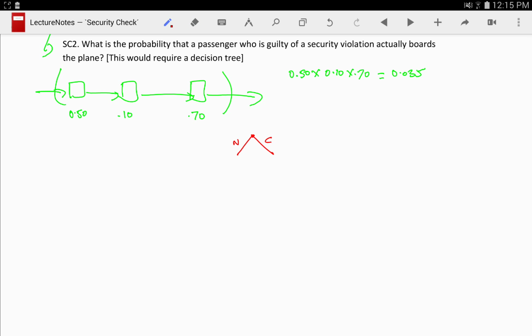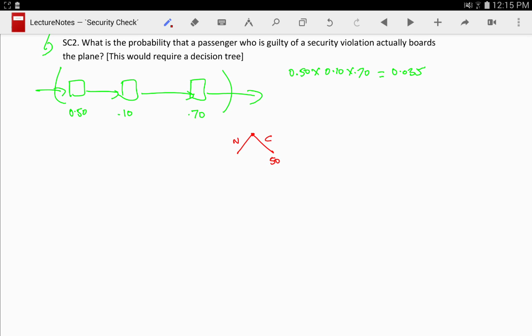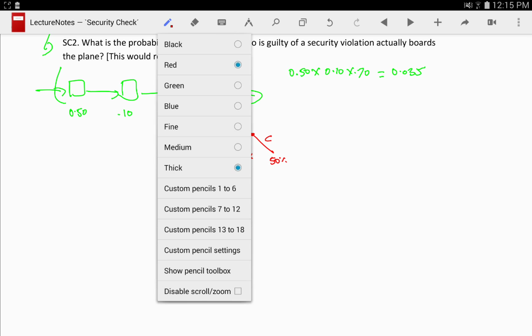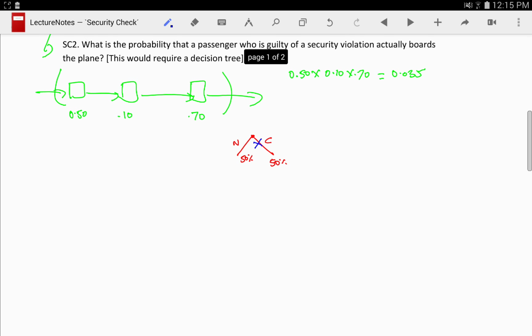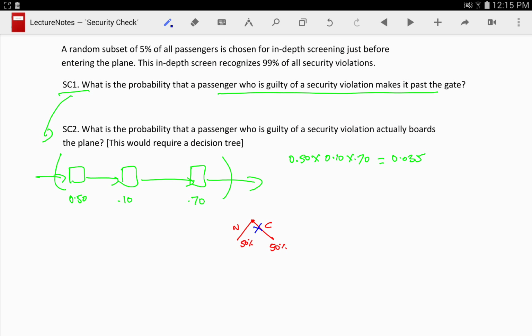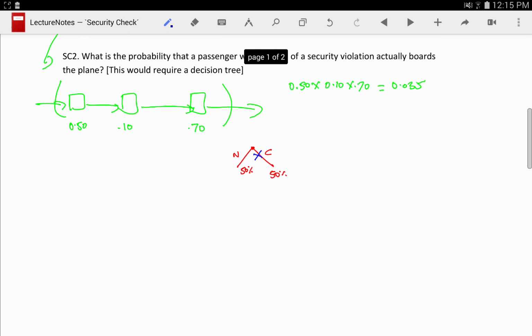The chance of getting caught is 50%, and the chance of not getting caught is 50% too. Right? So if he gets caught, it's done. We are not worried, because in this problem we are asked what's the probability he gets past the security gate. That means he should not get caught in the first 3 steps.